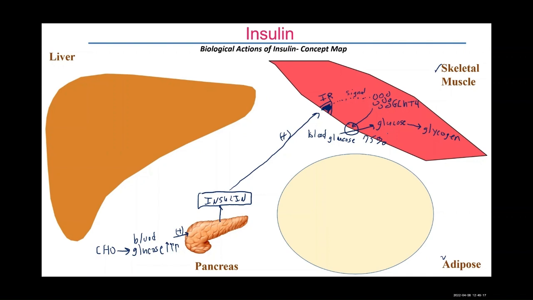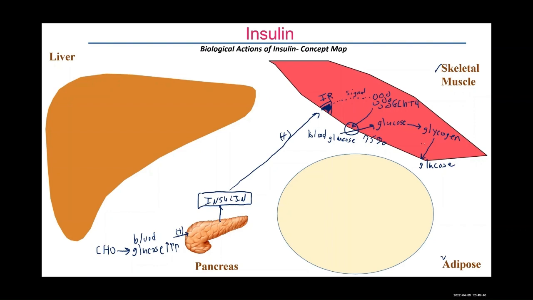So that's a big chunk of the blood glucose, right? Now with insulin, what else it's going to do is it's going to prohibit glycogen from being broken down. Because remember, if glycogen is being broken down, it's going to release glucose. So when you have not eaten, right? But in this case, remember your blood glucose levels are going to be high. Okay, so we don't want this to happen.